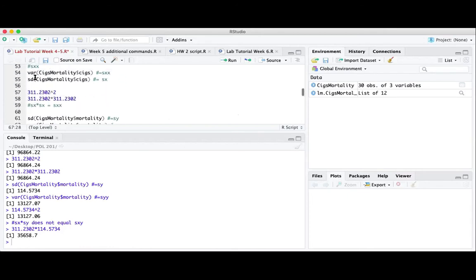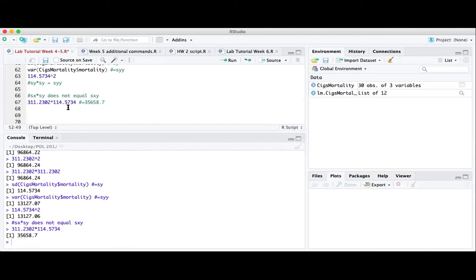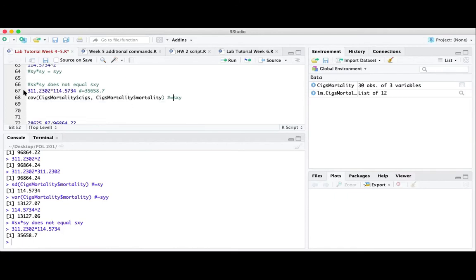And now let's get the covariance. So this is SXY, the covariance, and that's the command covariance. Of course, we want both X and Y contained in that command.